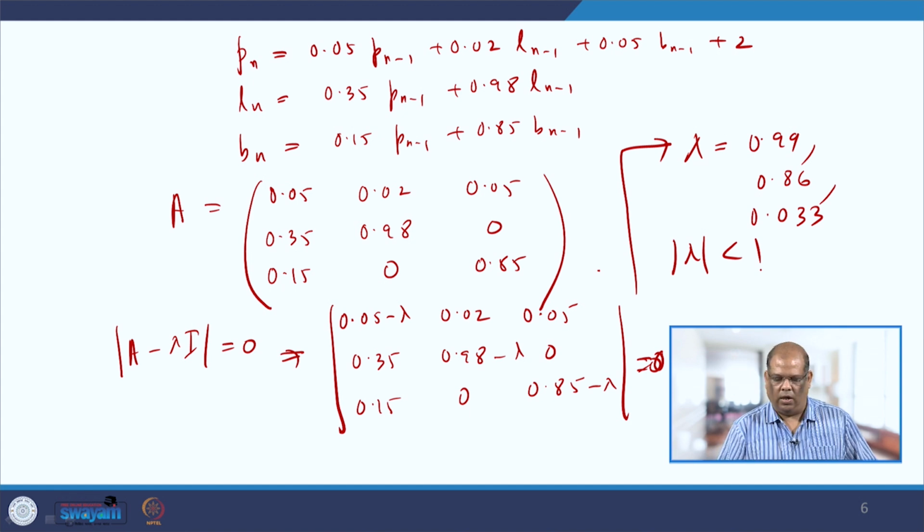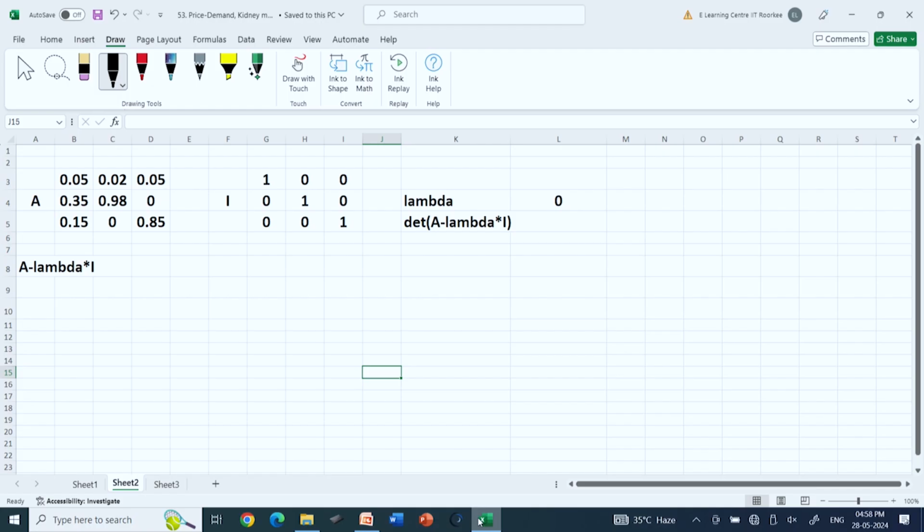Now let's use Microsoft Excel first to find the eigenvalues and then to visualize this graph. So I already have this one open, and the coefficient matrix is here 0.05, 0.02, 0.05, 0.35, 0.98, 0, 0.15, 0, 0.85, and here I have written the identity matrix.